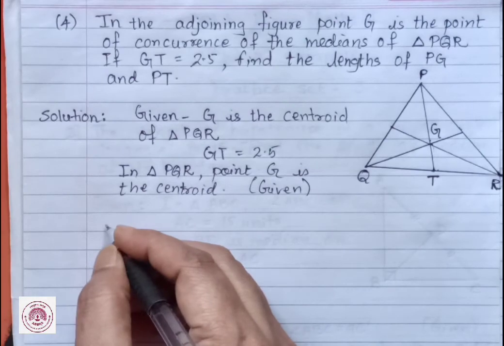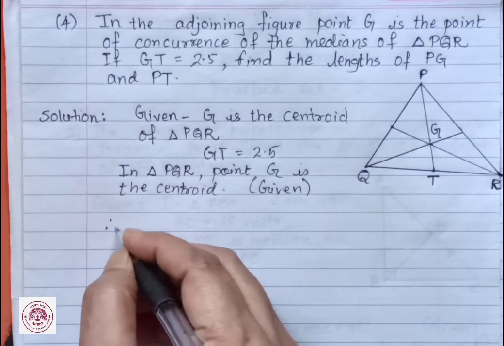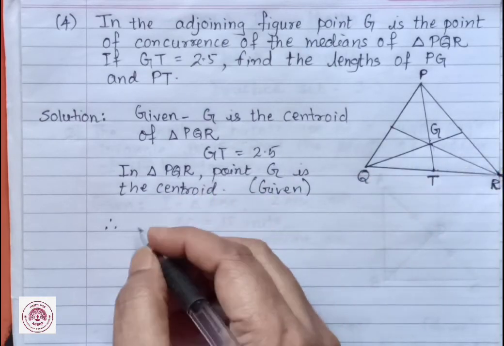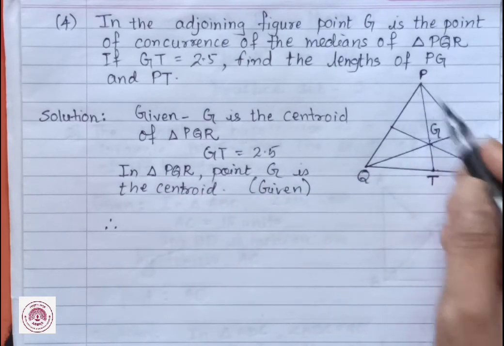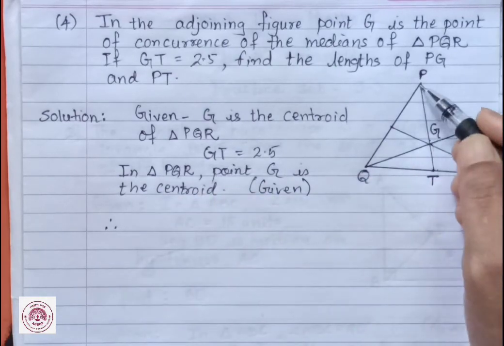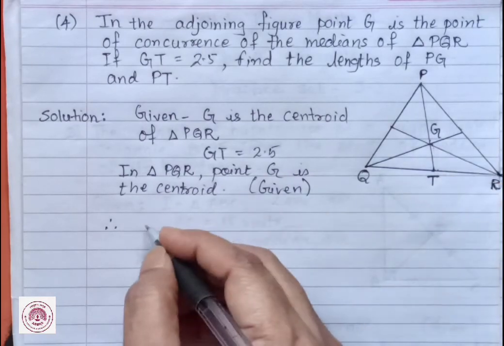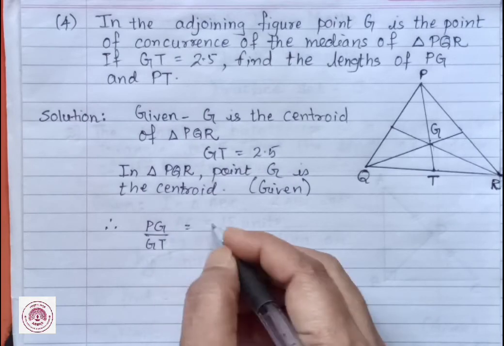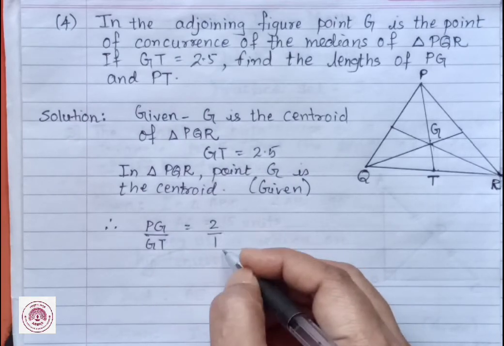Therefore PG upon GT, because the centroid divides the median in the ratio 2:1, is equal to 2/1, that is 2:1.